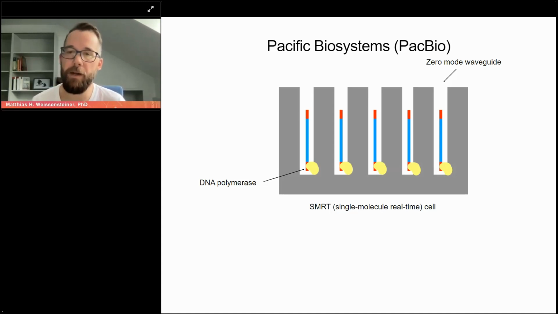And here, template, usually very long template DNA molecules, so high molecular weight DNA, is guided into these zero-mode waveguides. So these are like nano wells, really small. And in each of these wells, you have a DNA polymerase and ideally just a single DNA molecule.